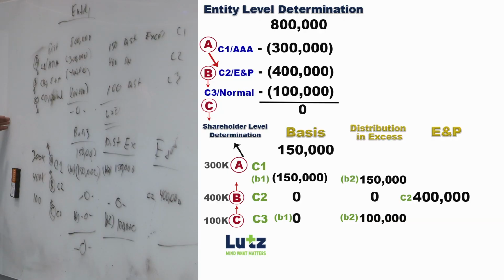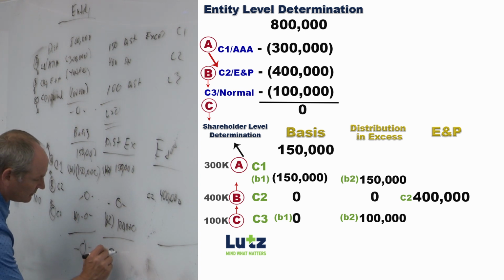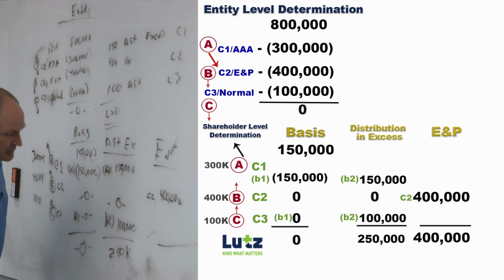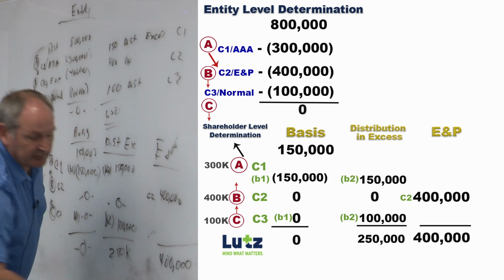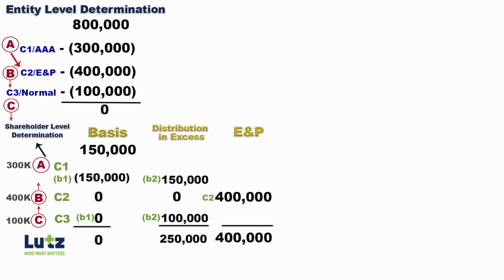B, which says, well, to the extent you have basis, which is 0, you can account for that distribution under that provision. Well, since it's 0, 100 has to kick into B2, which is now distribution in excess. 0 basis, 250 of distribution in excess, 400 dividend. Did that help? Yes. Okay.